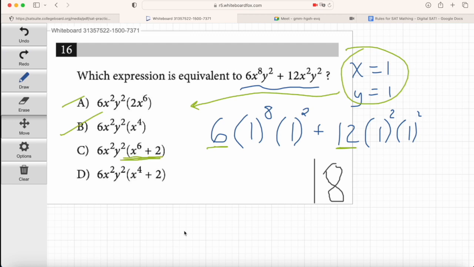If x is 1, what's the stuff in parentheses going to be? It's going to be 3, because we get 1 plus 2. Does that make sense? And then what's this stuff going to equal if x is 1 and y is 1? 6. So it's just going to be 6 times 3. So what's that equal? 18.